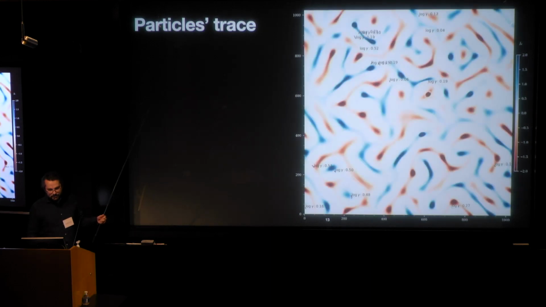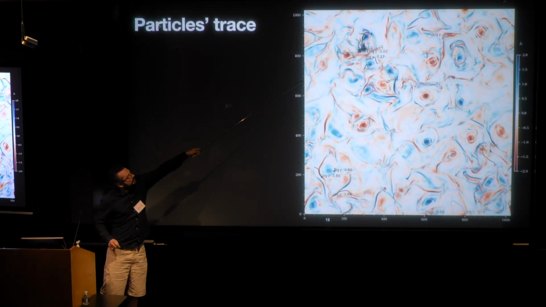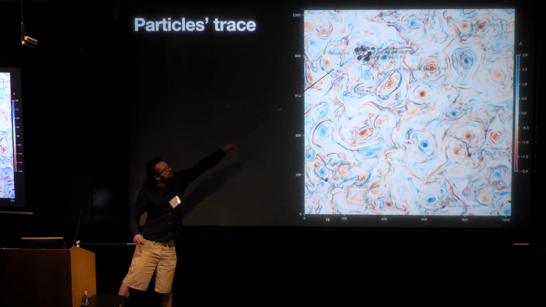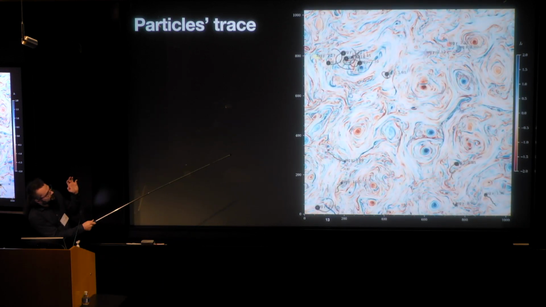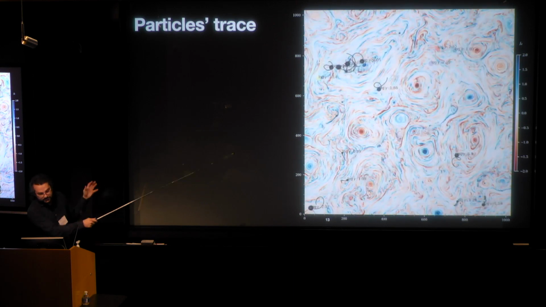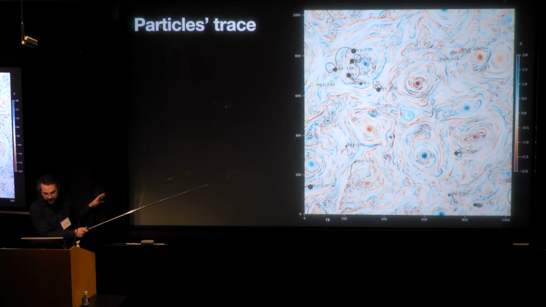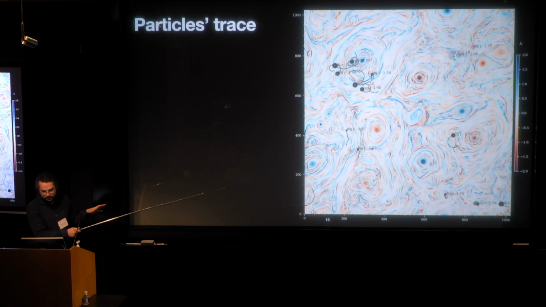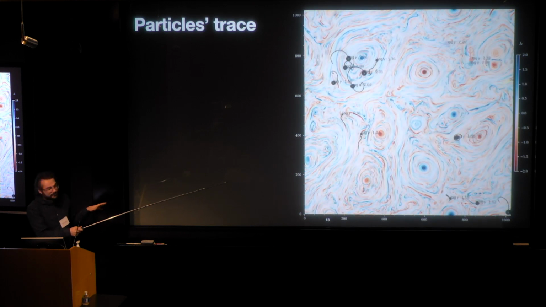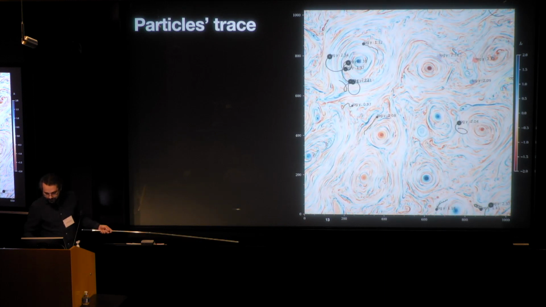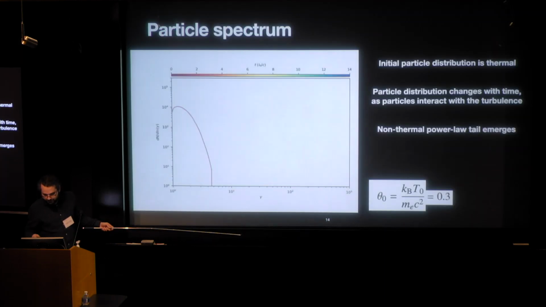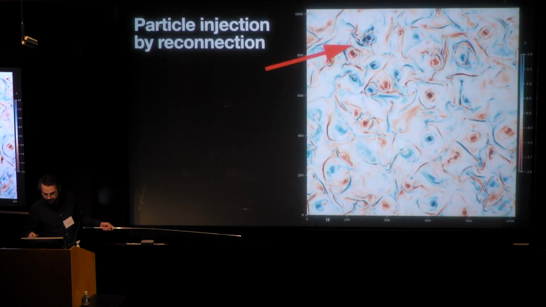So let's follow those. For example, we see that in this region that I was focusing on, particles appear. The larger the particle, the more energy it has. The size is proportional to the logarithm of the energy, the Lorentz factor of the particle. So if the particle is lucky, it gets energized.